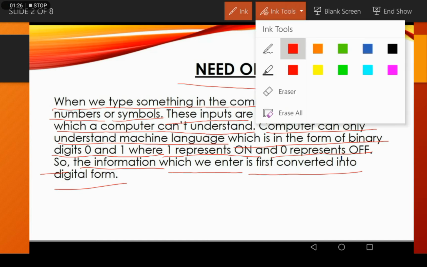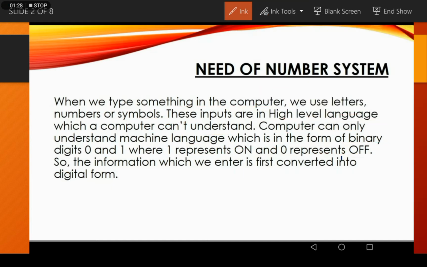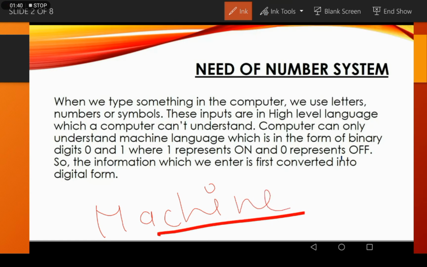Computer can only understand machine language, but when we use our computer or mobile phones, we generally type any symbol, letter or numbers.